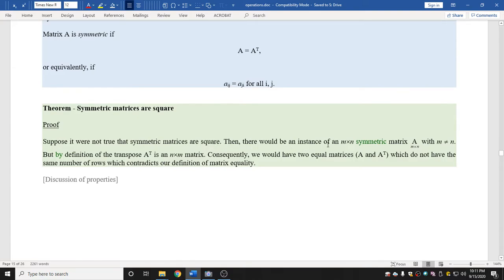Then we would have an instance of an m by n symmetric matrix where m is not equal to n. By definition of transpose, A transpose has to be an n by m matrix. Consequently, we would have two equal matrices, in this case A and A transpose, which do not have the same number of rows. This contradicts our definition of matrix equality.